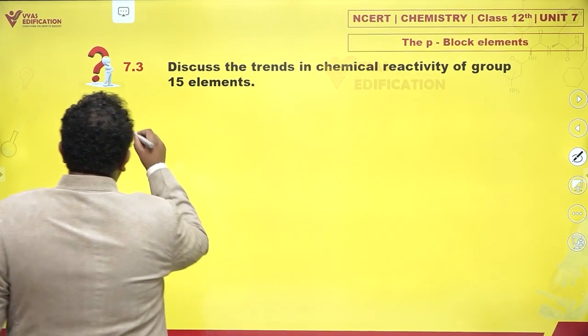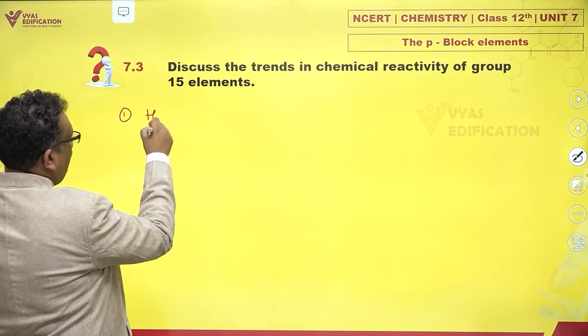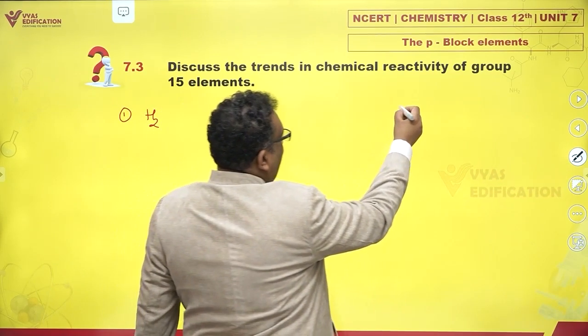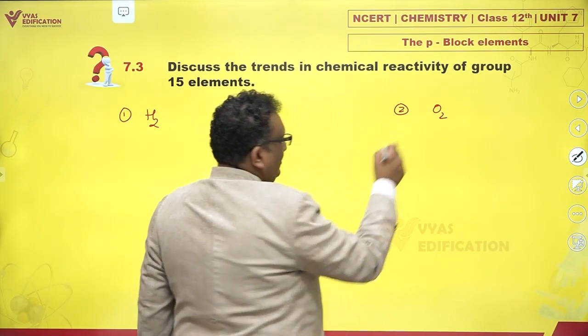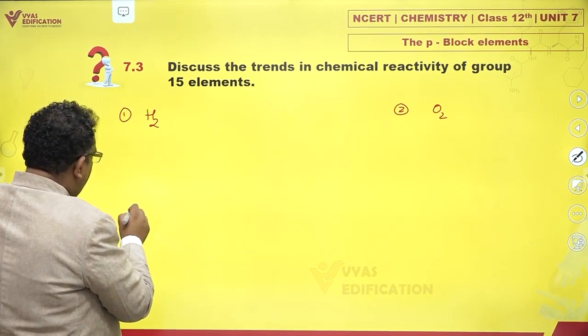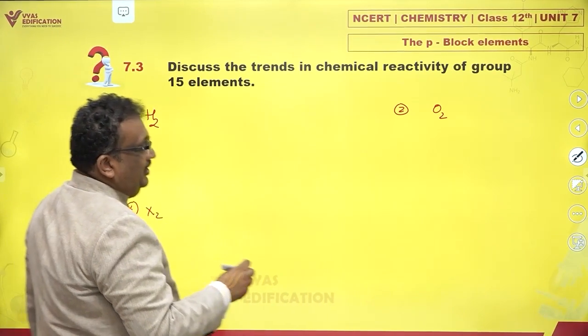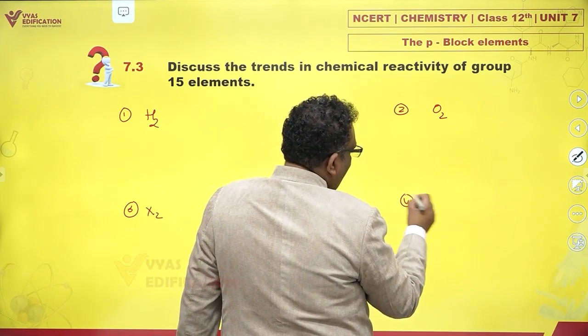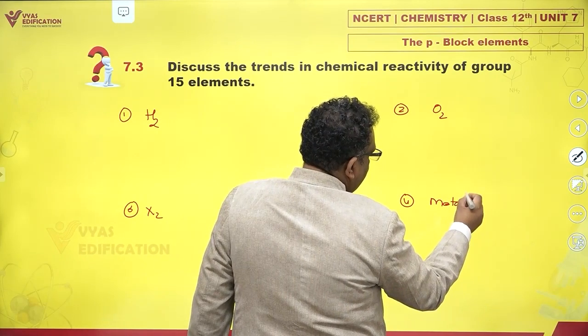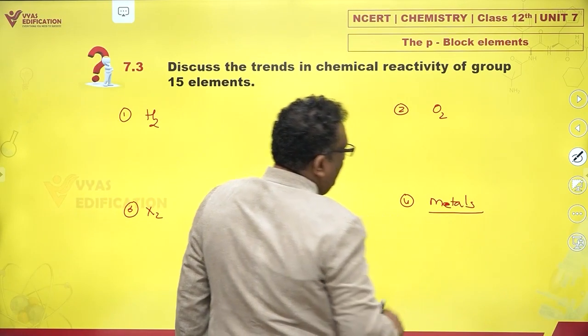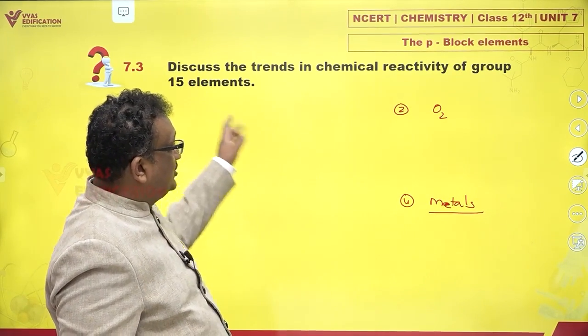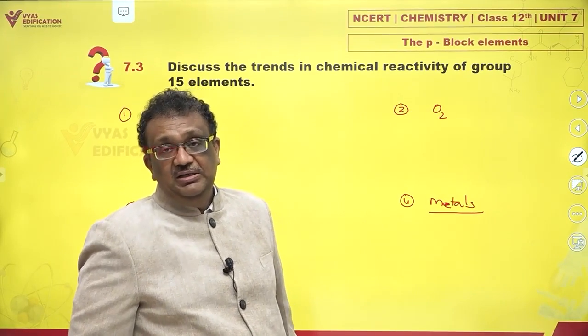One, reactivity with hydrogen. Second, reactivity with oxygen. Third, reactivity with halogens. And fourth, reactivity with metals. Out of these, the correct answer to this question is only in the fourth part, which is metals.